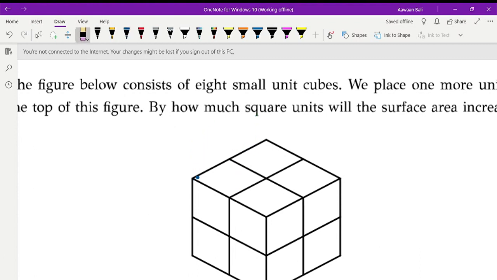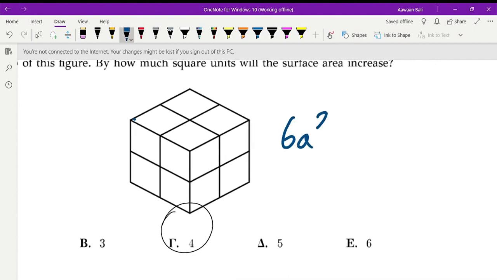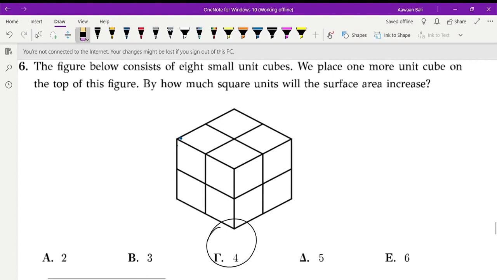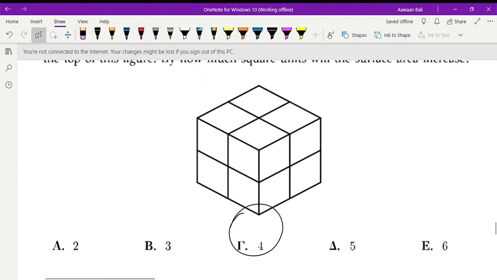If we are finding the area of a cube, the formula is 6a squared, where a is an edge. If you're not following the formula, you could just find the area of all of these squares on all of the sides. That's lengthy, so that's why we have formulas to help us with that.